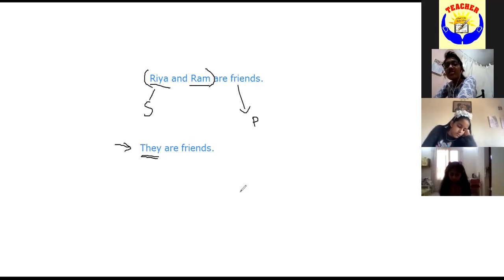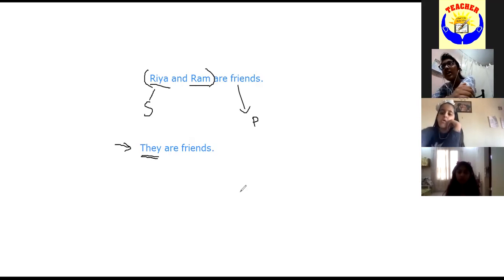You can just write this down. Whenever you use pronouns like they, we, them, or us, all these are plural pronouns. You use them when you have a plural noun, like more than one thing, or one person or one animal or anything, depending on the sentence.